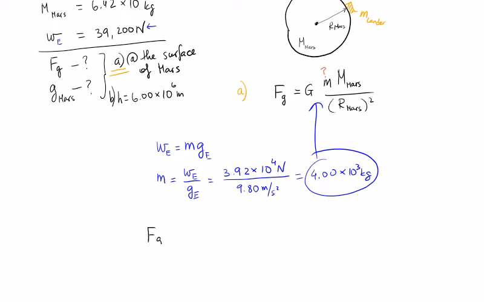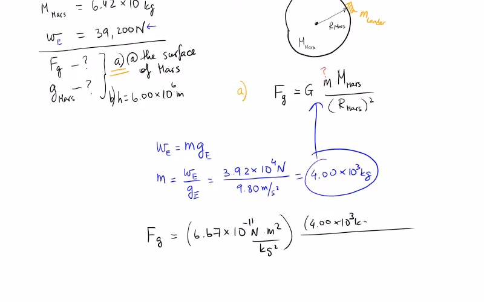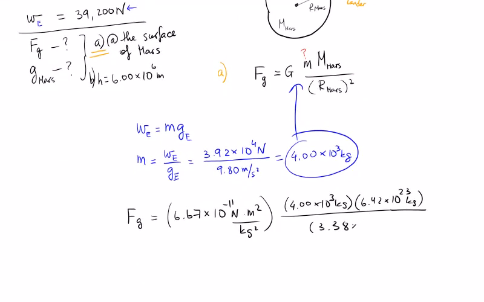So I can write F gravitational equals G, the value of G is 6.67 times 10 to the negative 11 newtons times meter squared over kilogram squared, times the little mass of the lander, which is 4.00 times 10 to the 3 kilograms, times the mass of Mars, which is 6.42 times 10 to the 23 kilograms, divided by the radius of Mars, which is 3.38 times 10 to the 6 meters, squared.